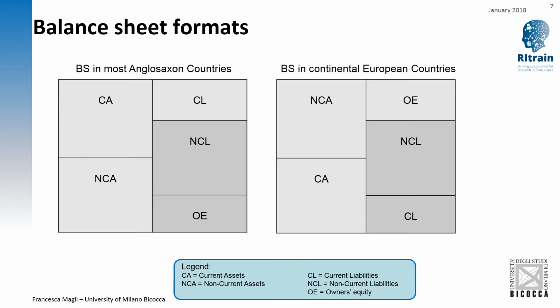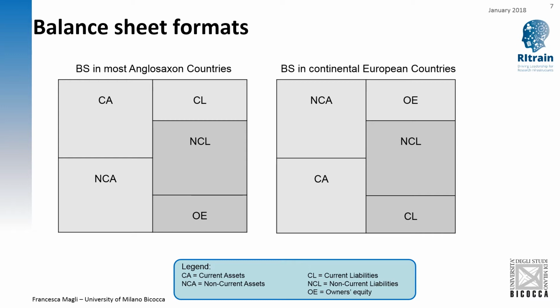Assets are classified into two categories, current assets and non-current assets. Current assets are the resources of the company that are either cash or that the company expects to convert into cash, sell or consume during the next 12 months, or during the firm's operating cycle, whichever is longer.